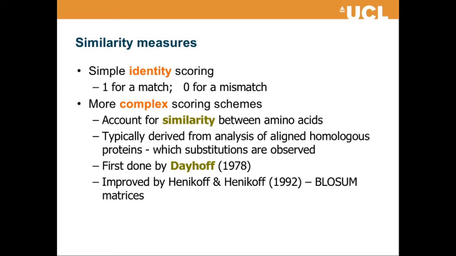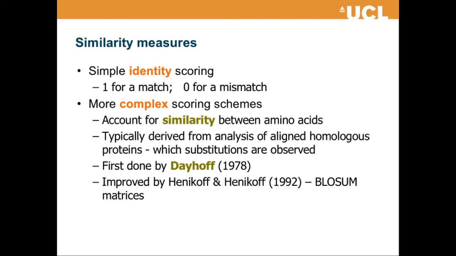And that's telling you over evolutionary time how one amino acid is able to substitute for another. You can also produce scoring matrices based on things like physicochemical characteristics, but the ones based on evolution tend to be the ones that are most widely used.